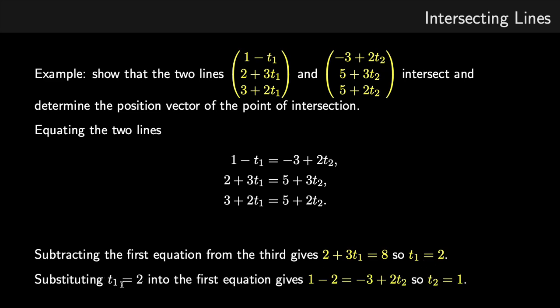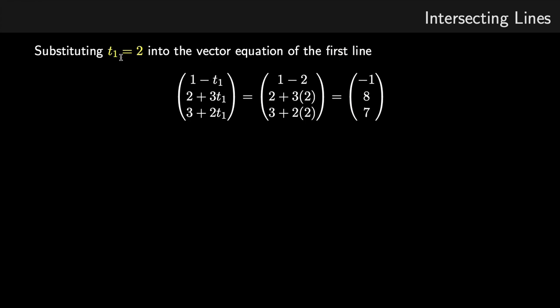If I substitute t1 equals 2 into the first equation, that'll give 1 minus 2 equals negative 3 plus 2t2, which can be solved for t2 is equal to 1. And if we substitute our values of t1 and t2 into the other two equations, we can see that it also holds, so the left hand side also equals the right hand side. So these lines do intersect.